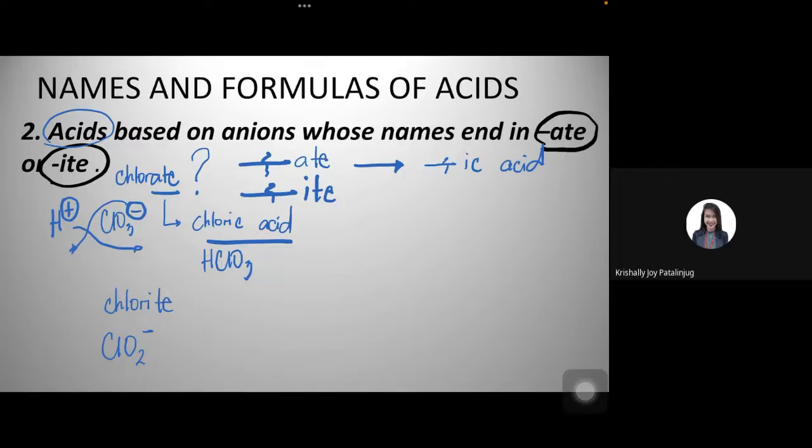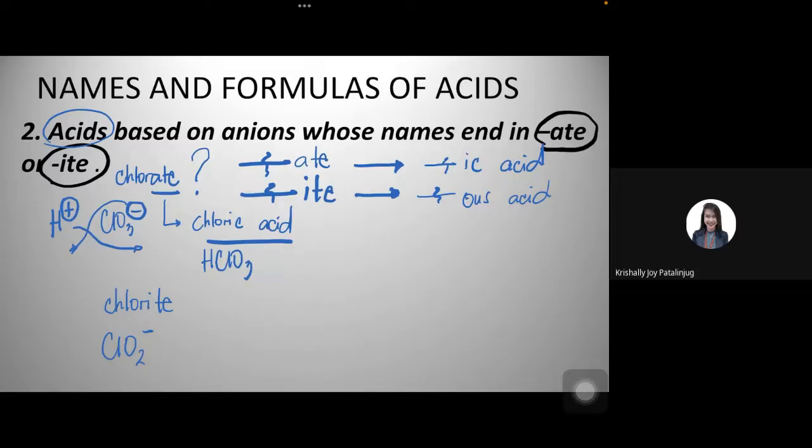If it ends with ite, you just have to replace the ite ending with ous acid. That's it.